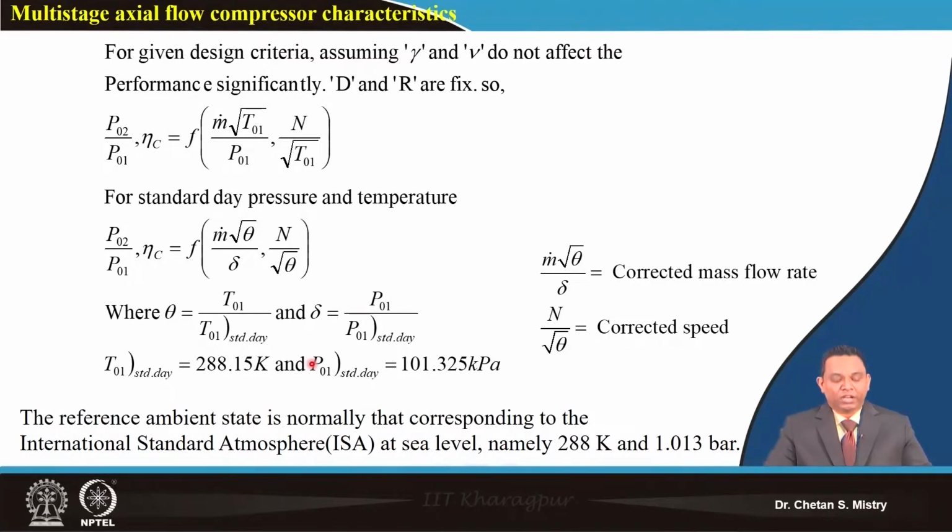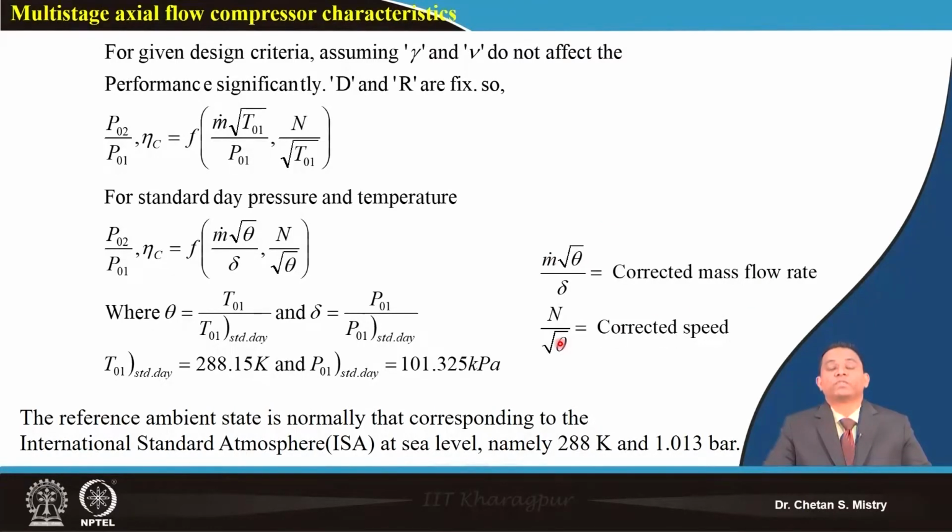The standard condition is 288.15 Kelvin for temperature and 101.325 kilopascal for pressure. So now if you look at my pressure ratio and efficiency, in all charts we get them in the form of corrected mass flow rate and corrected speed.